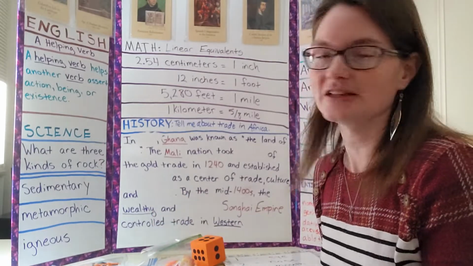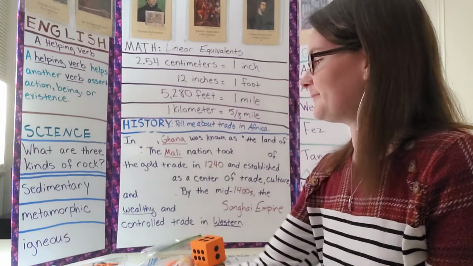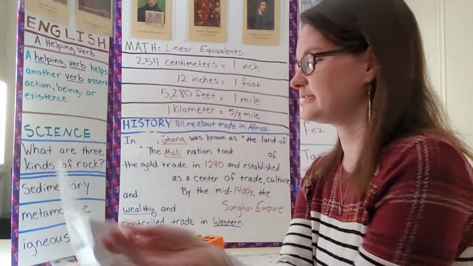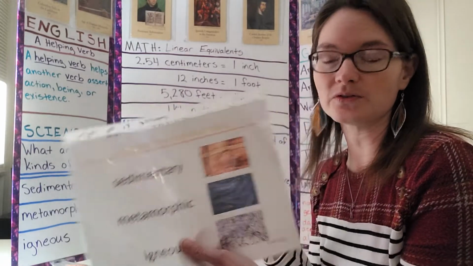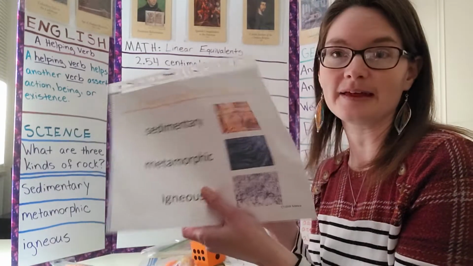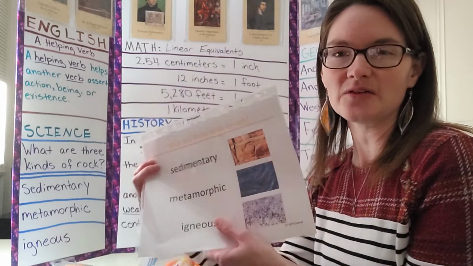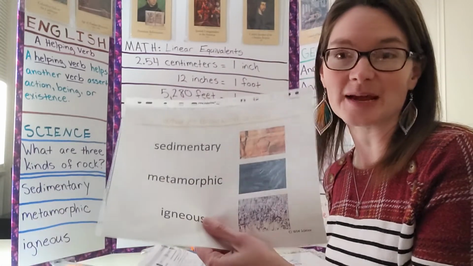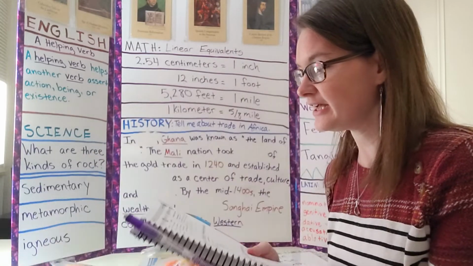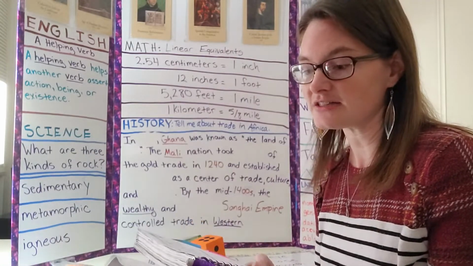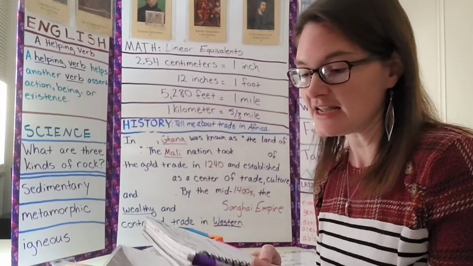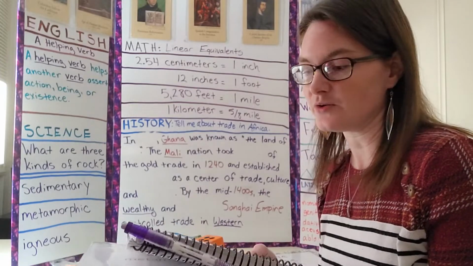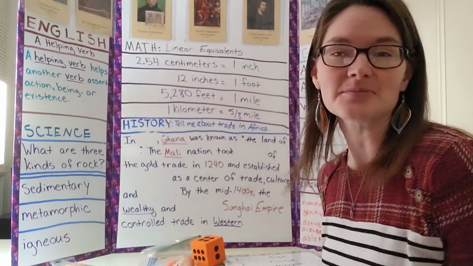For science, what are the 3 kinds of rock? I got this science trifold, also from CC user Capel, and I just Googled a quick definition of each type of rock. Sedimentary rocks are on or near the surface, and they're deposits of mineral or organic particles that cement together.